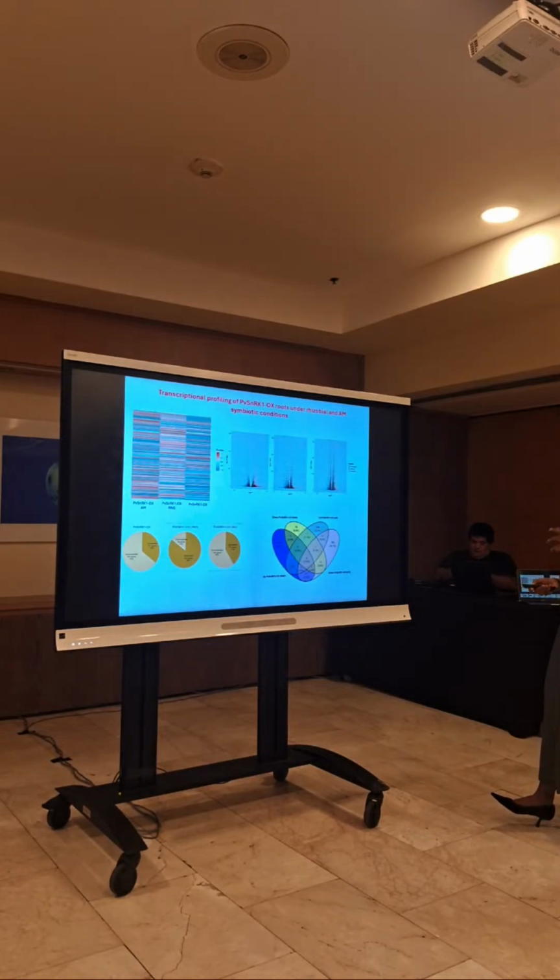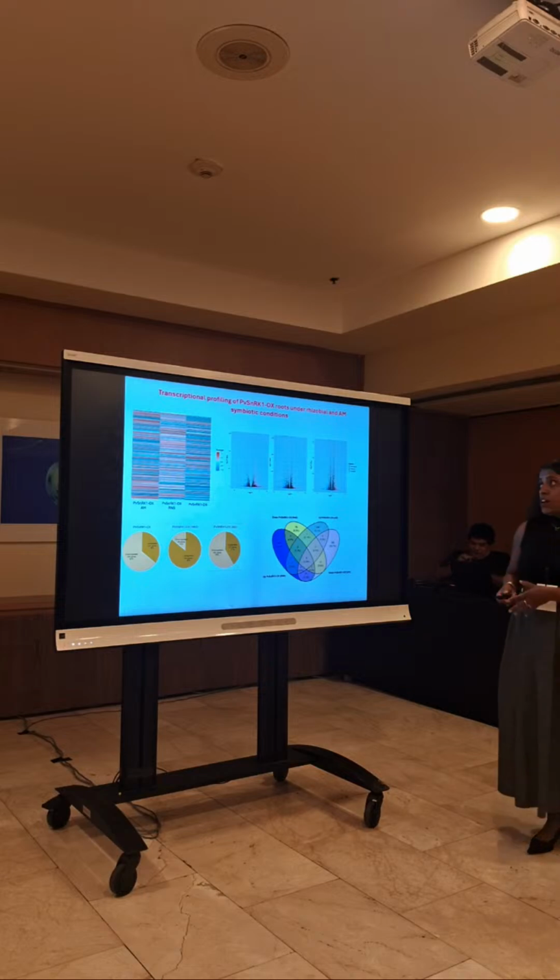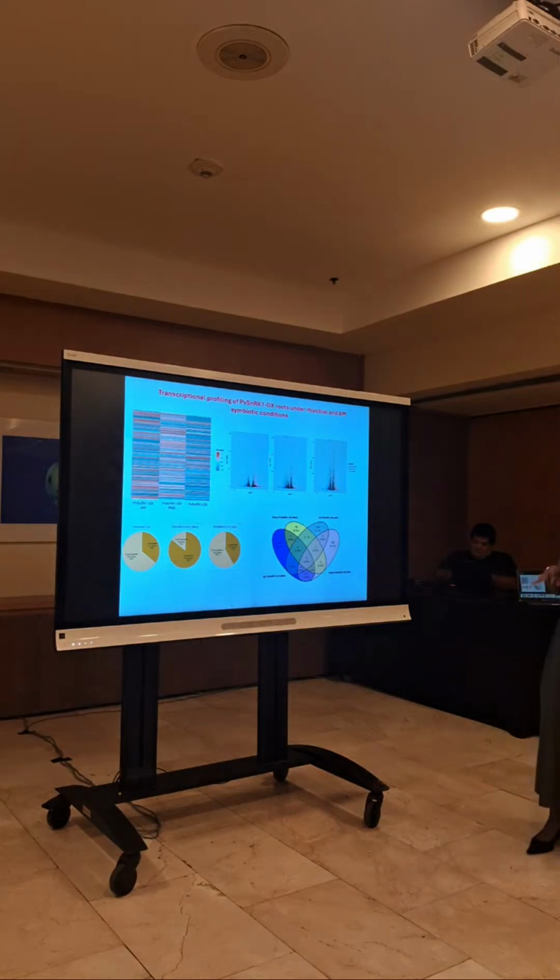So going ahead from there, we decided to understand the fundamental basis of what exactly is going on, and we did RNA-seq analysis.